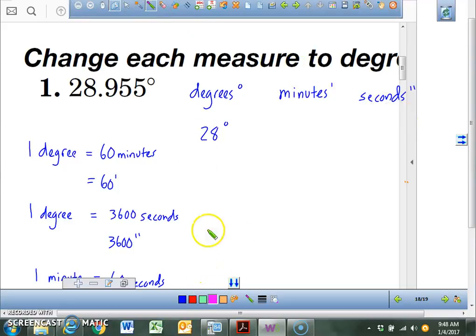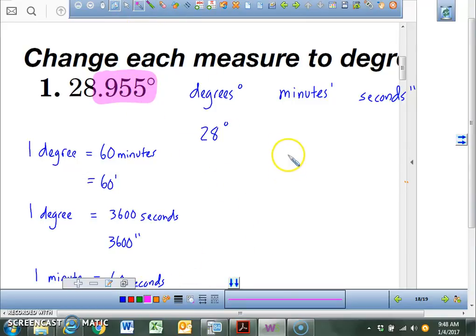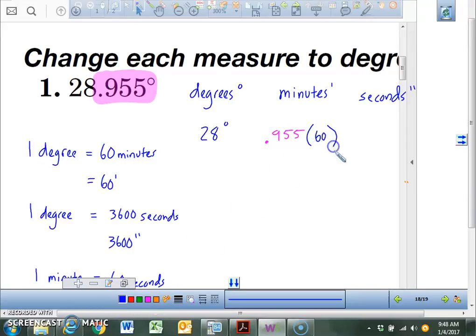We almost have a whole degree, don't we? We have 0.955, which is almost a whole degree. Get your graphing calculator, and take 0.955 and multiply that by 60. Why are we multiplying it by 60? Because there's 60 minutes in a whole degree.